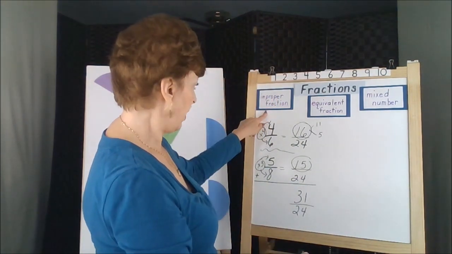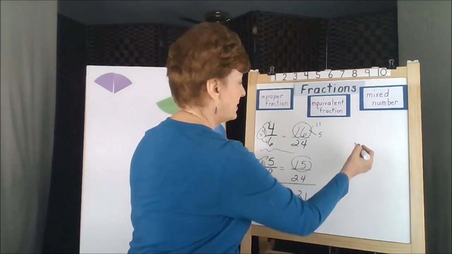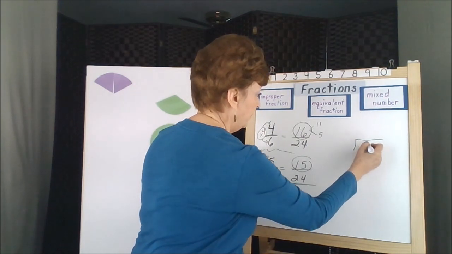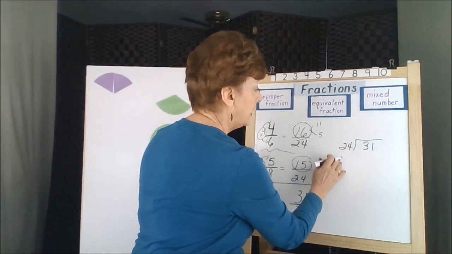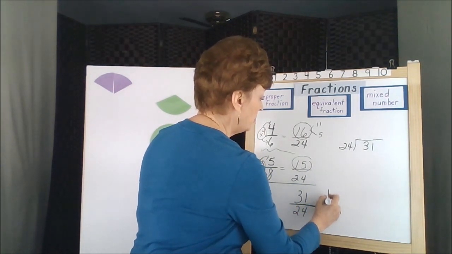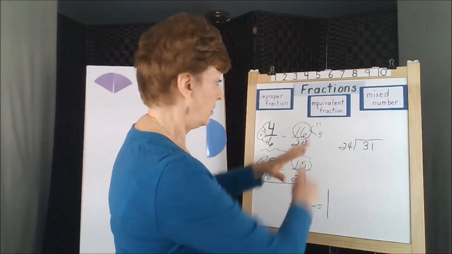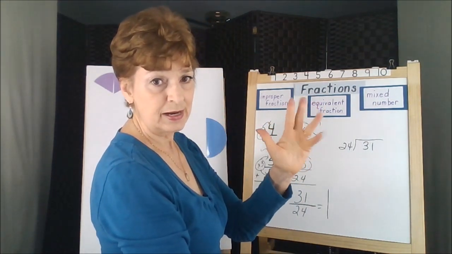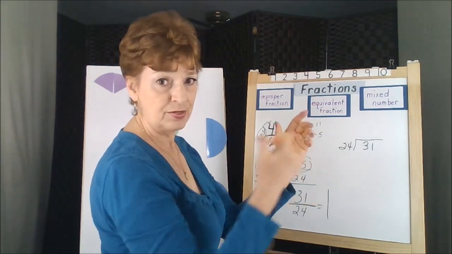This is an improper fraction. 31 24ths is like saying 31 divided by 24. I can get one whole 24 in there. I can use up 24 of them in the whole circle. 25, 26, 27, 28, 29, 30, 31.